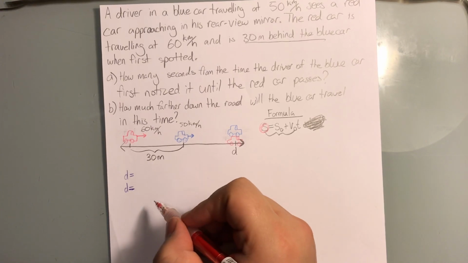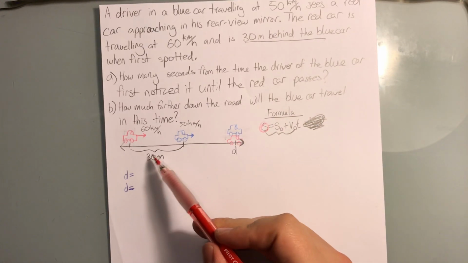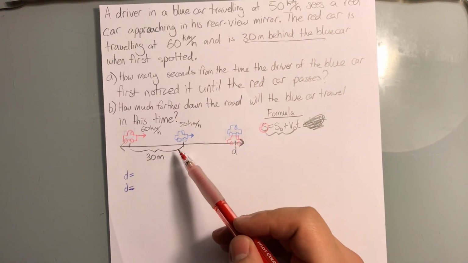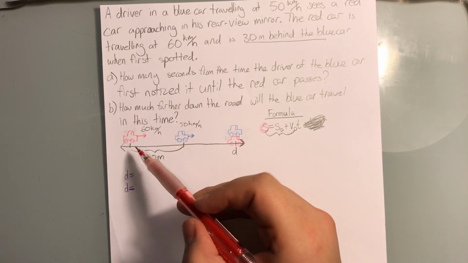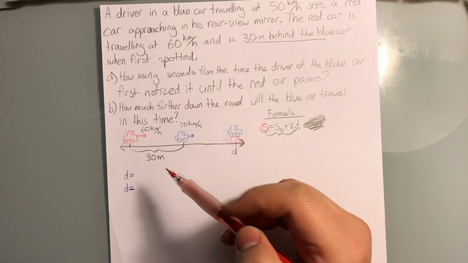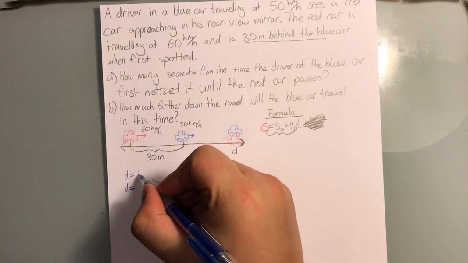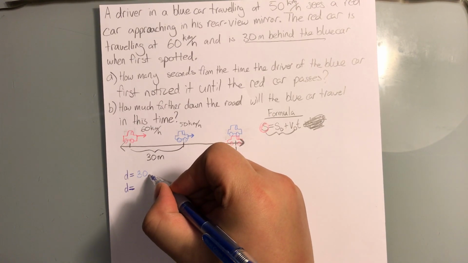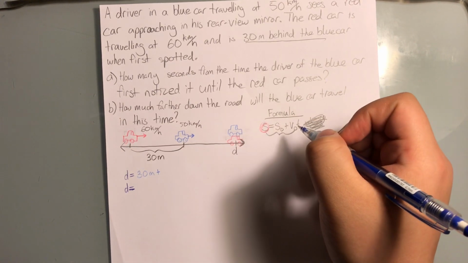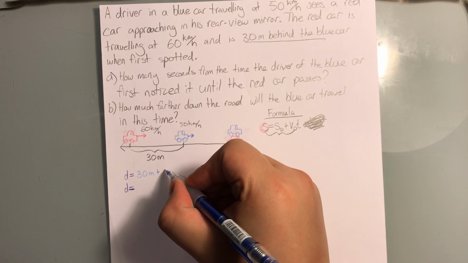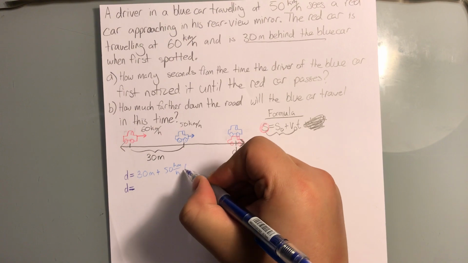Okay, so for the first equation, you have two options here. Because they're 30 meters apart from each other, you could say that the blue car is 30 meters ahead of the red car. So the blue car is starting at the position 30 meters plus the velocity of the blue car, 50 kilometers per hour, times time.